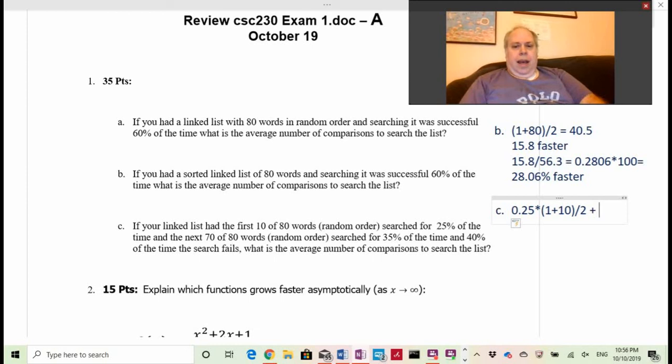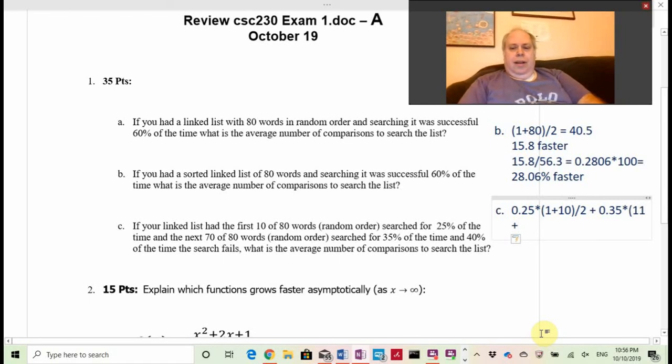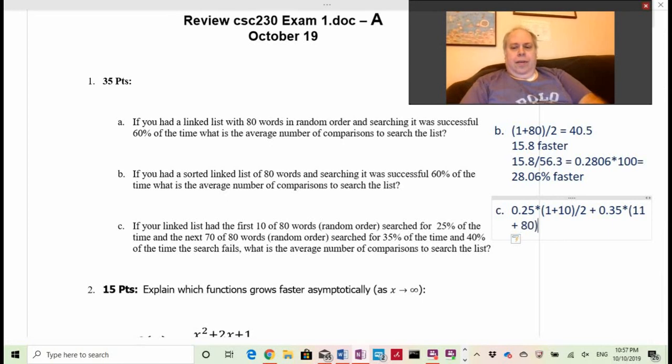So we have 0.35 of the time, we're going to do on average 11 plus 80 over 2. And finally, that's 60% of the time, just like in question A, only the order of the words has been rearranged so that the likely words are at the beginning.